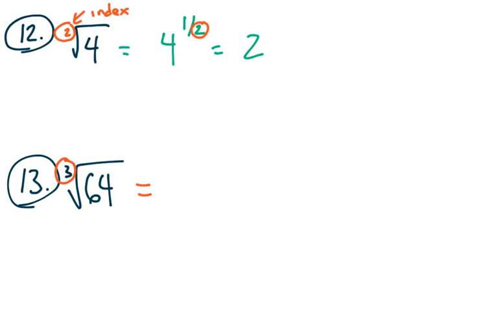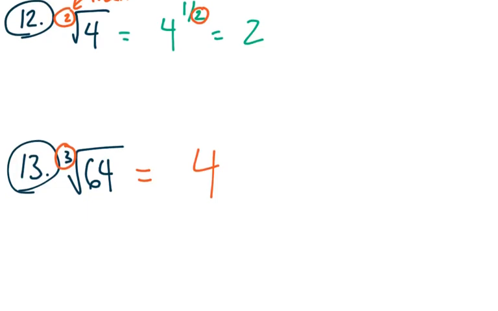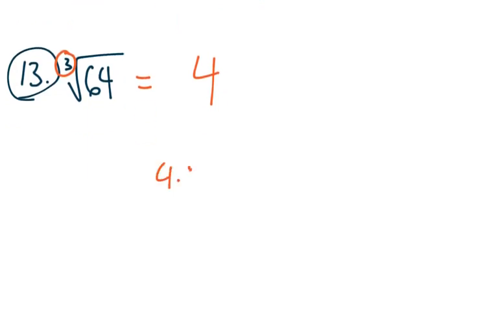If the square root says what number times itself gives me 4, in this case 2 for number 12, then number 13 is saying what number times itself 3 times is going to give me 64. And that number is 4 because 4 times 4 is 16 and 16 times 4 is 64.